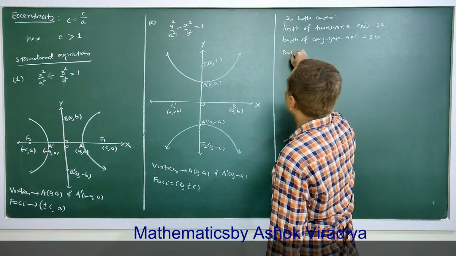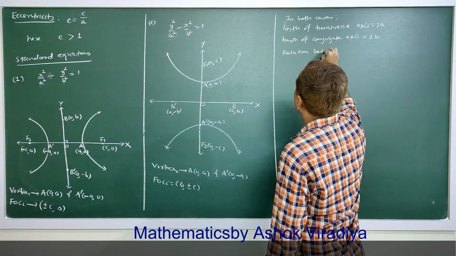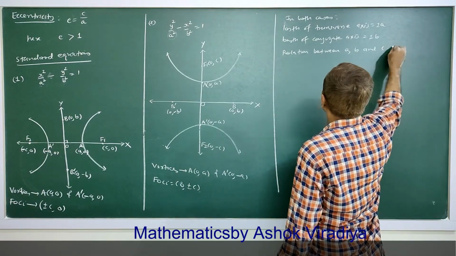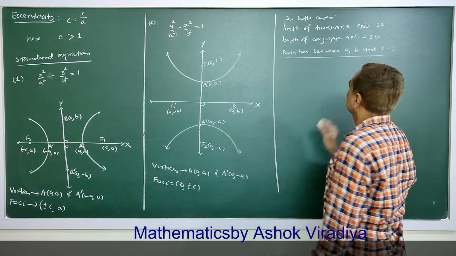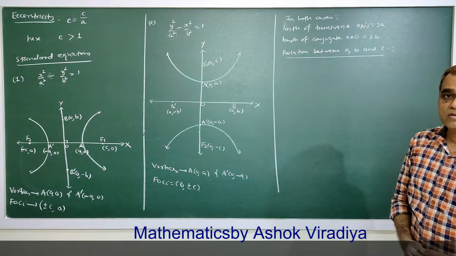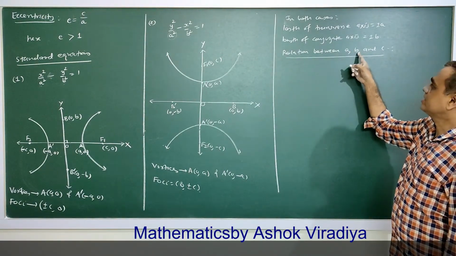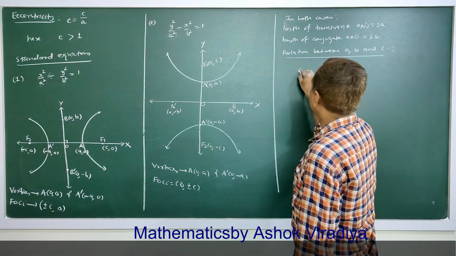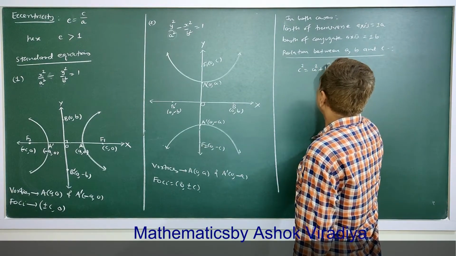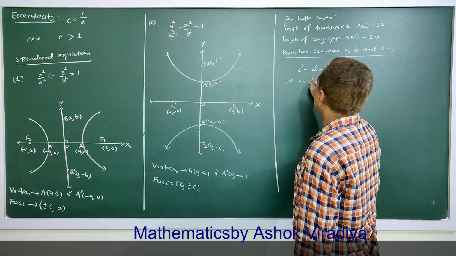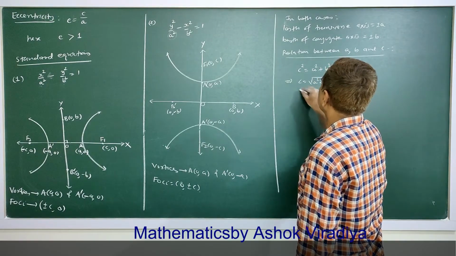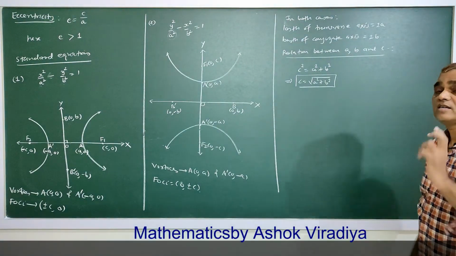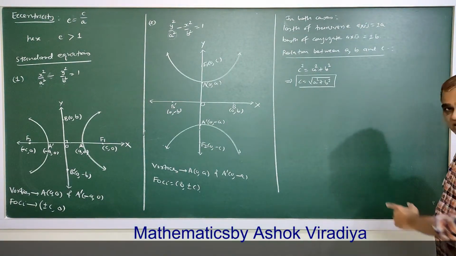Relation between A, B and C. A is the semi-transverse axis, B is the semi-conjugate axis. So the relation between A, B and C is C square is equal to A square plus B square. C is the square root of A square plus B square. In case of ellipse, we were taking C square equal to A square minus B square.